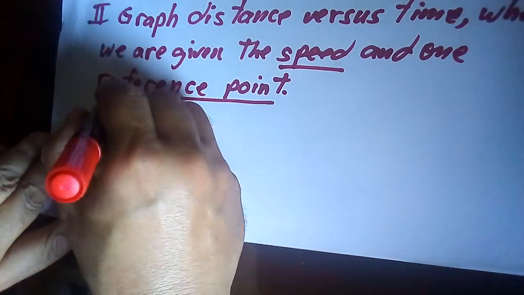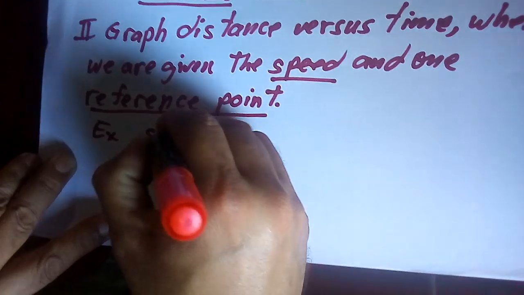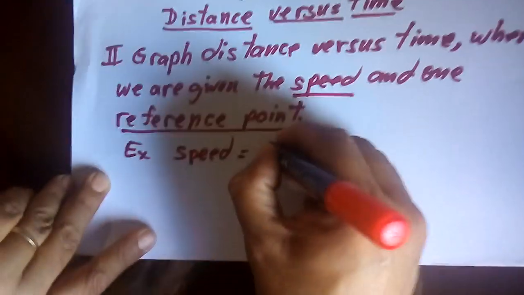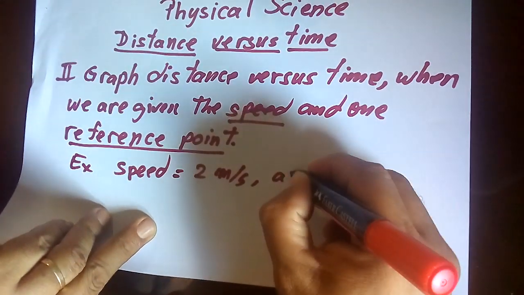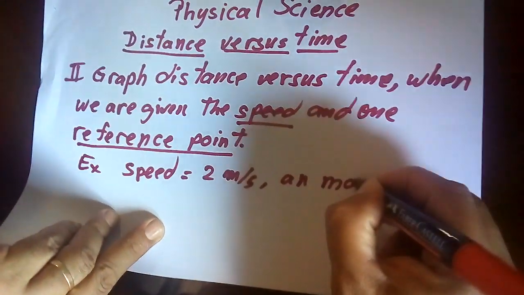For example, let the speed be 2 meters per second, an object moving from the origin.